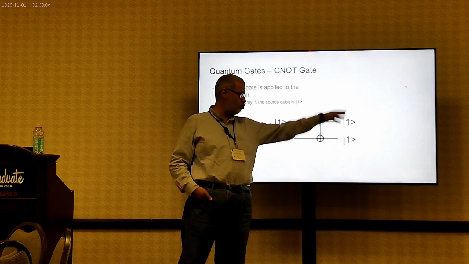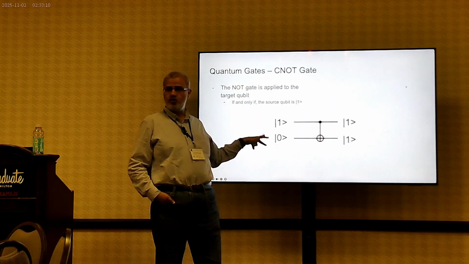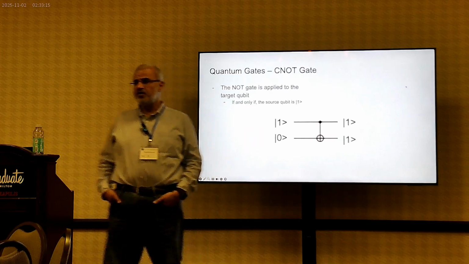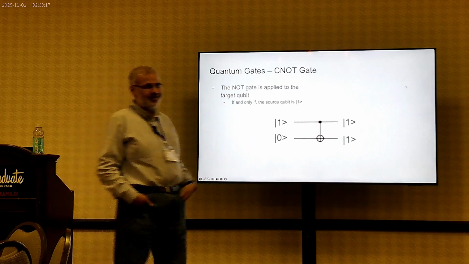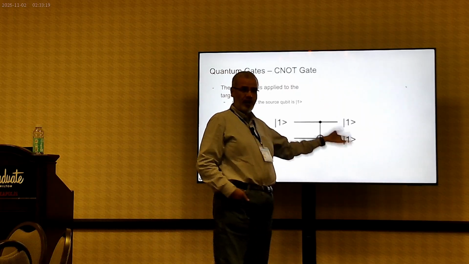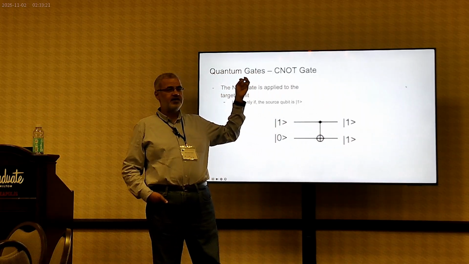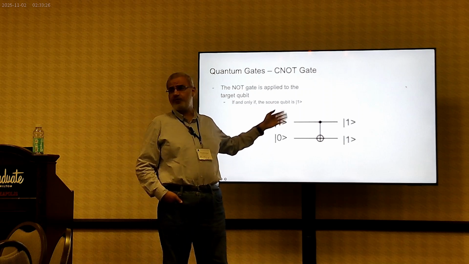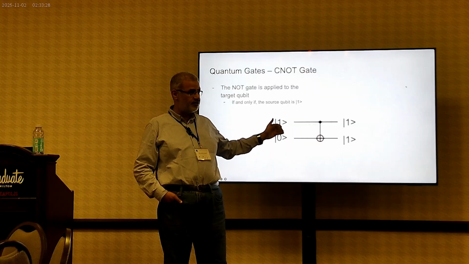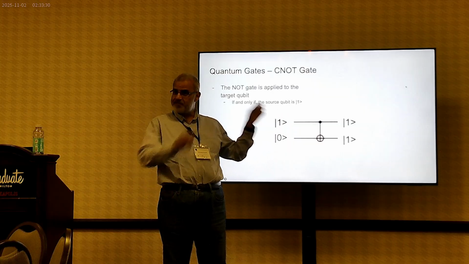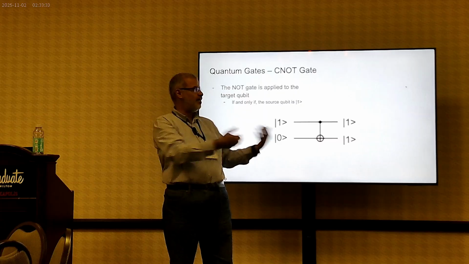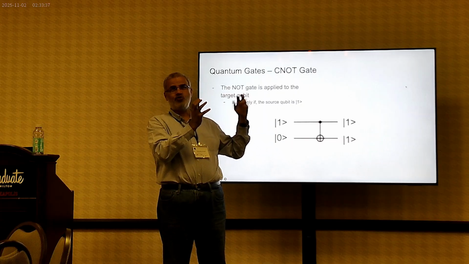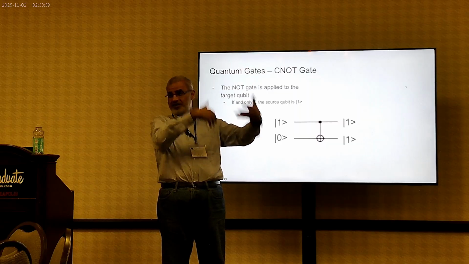Does anyone not understand why we got 1 and 1 for the input 1 and 0? Yes, good question. Here I'm showing you 1, 0 and 1, 1, but this is a quantum gate. It means that the qubits here can be arbitrary superpositions of 0 and 1. Your control can be an arbitrary mix of 0 and 1, and your target can be an arbitrary mix of 0 and 1, so your control is probabilistic, and your target is probabilistic.